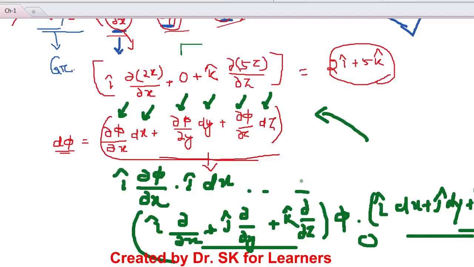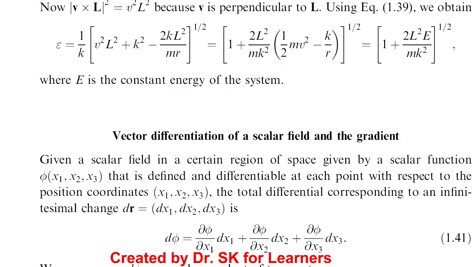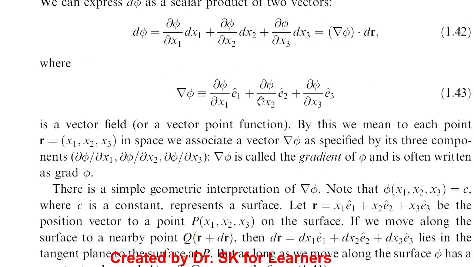And as you remember, this quantity is the del operator. So you are taking a gradient of a scalar quantity, and you are multiplying it with a small change in that direction. So let's see what it means.